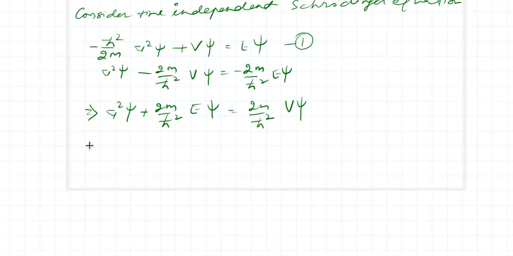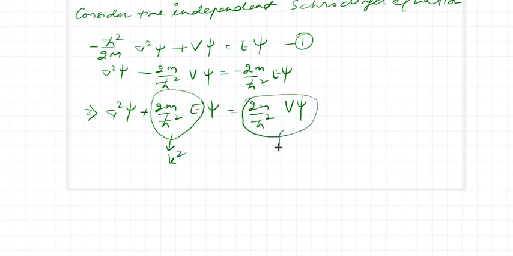Let me call this term k square, and let me call this whole part Q, and this Q is basically a function of psi because psi is incorporated into it. So that's what I have assumed.